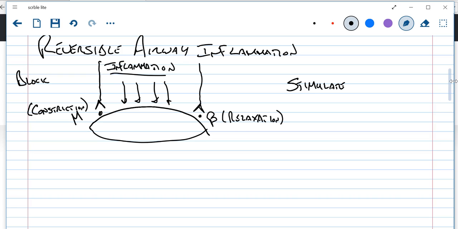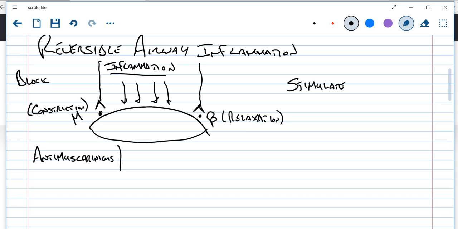So we're going to have, and these are medications that you're probably already familiar with, our anti-muscarinics, right?